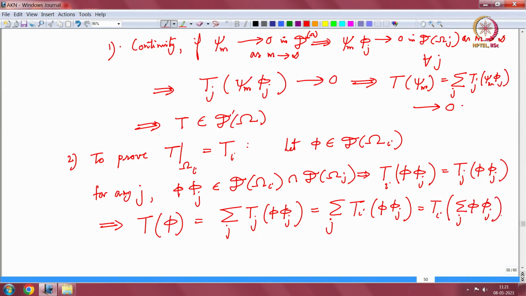So, it is a working index. Okay. And T I is the same as T. This is nothing but T I of summation phi j, and this is your phi, because summation of phi j is equal to 1. So, this is nothing but your phi. So, T phi is equal to T I of phi for all phi in D omega I. Okay, that is it.